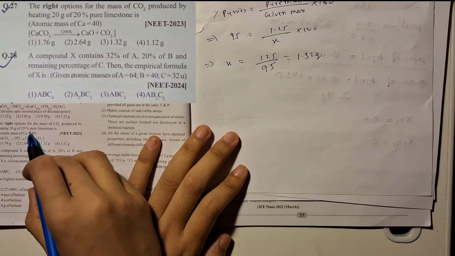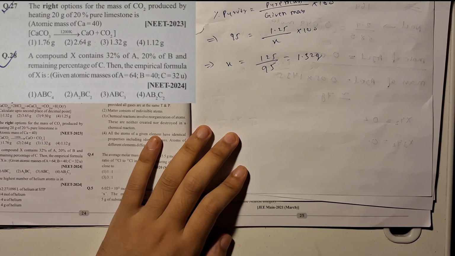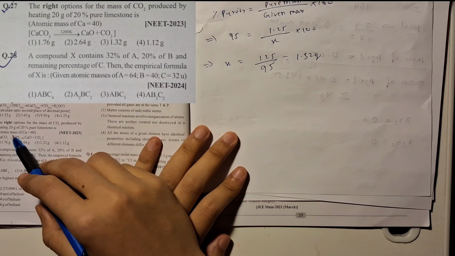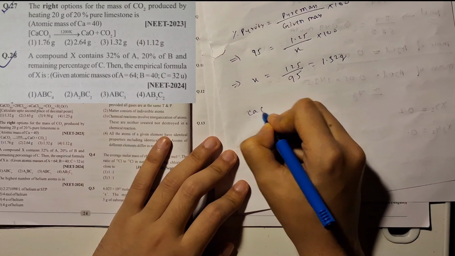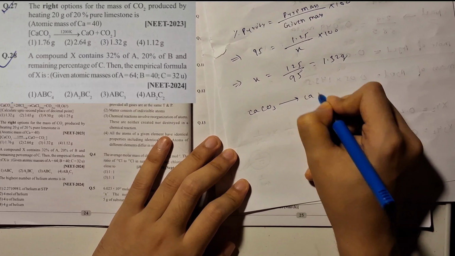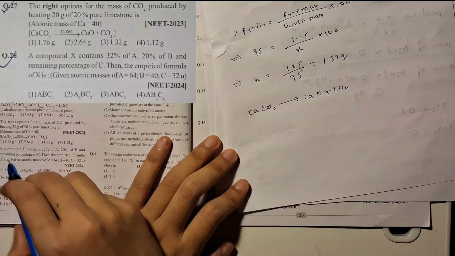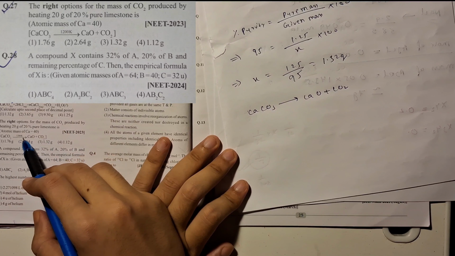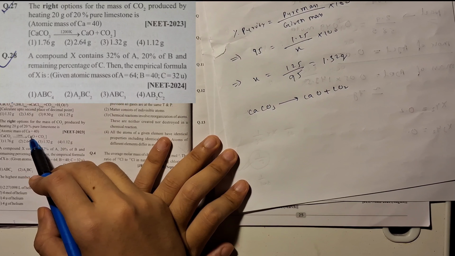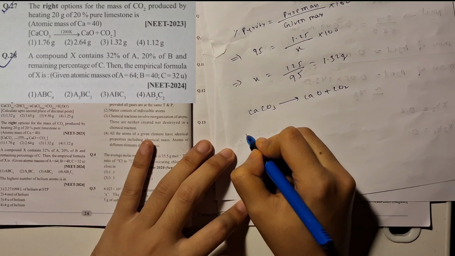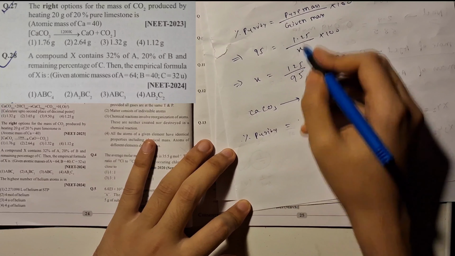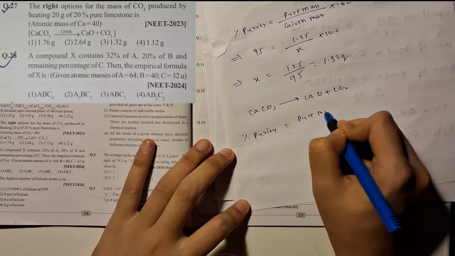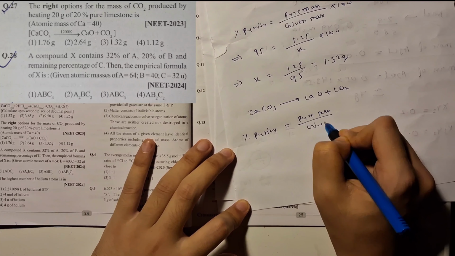The right option for the mass of CO2 produced by heating of 20 gram of 20% pure limestone. Reaction: CaCO3 gives CaO plus CO2. CO2 produced by heating 20 gram of 20% pure limestone. From our formula, percentage purity equals pure mass by given mass into 100.